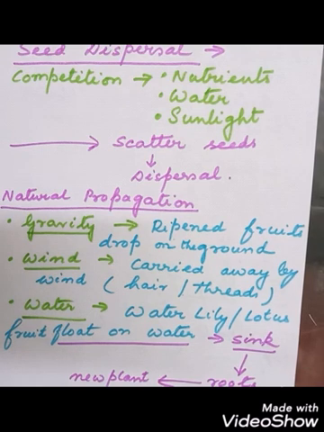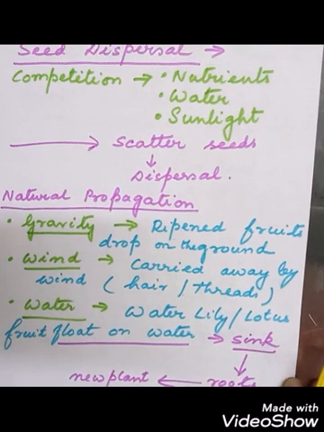The seeds may scatter on the ground itself, and if they get sufficient nutrients, then they can grow into new plants. But sometimes they may not get sufficient nutrients, so some of the seeds may not mature into new plants. So this is one process, gravity.